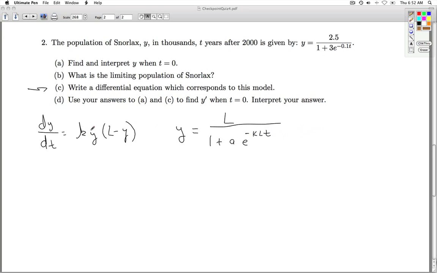And so what we need to do is figure out the k and the L based on our solution. Well, we're given 2.5 over 1 plus 3 e to the minus 0.1 t. So we can pick off the L as 2.5. We saw that before. And the k times L has to be the 0.1.